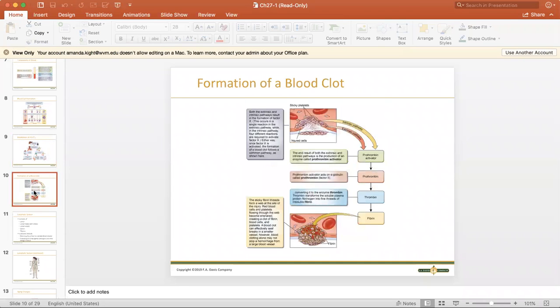Which is also why, as a side note, when babies are born, if their liver is not fully functional yet, even if they're not premature, they might be jaundiced, and then they put them under that light, and it can help break down the bilirubin.